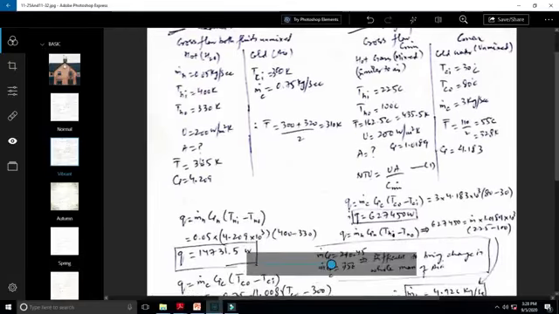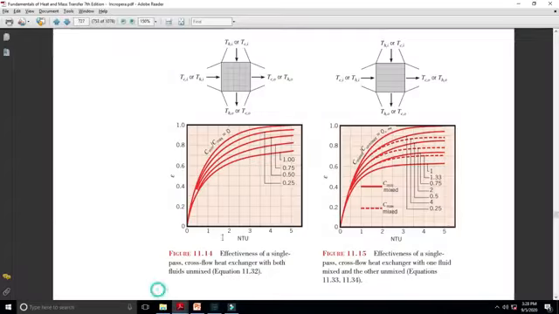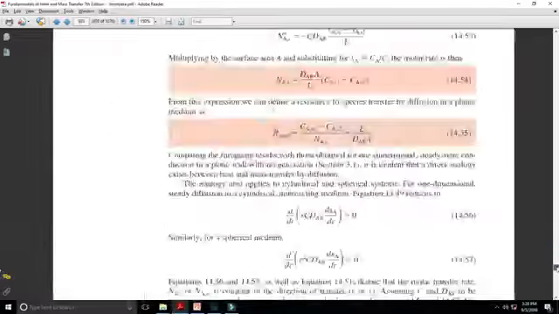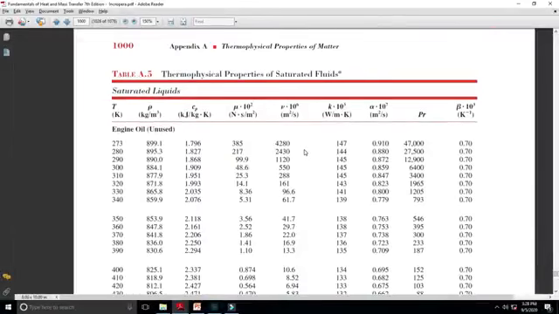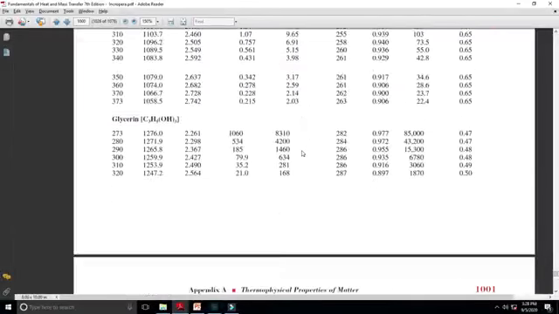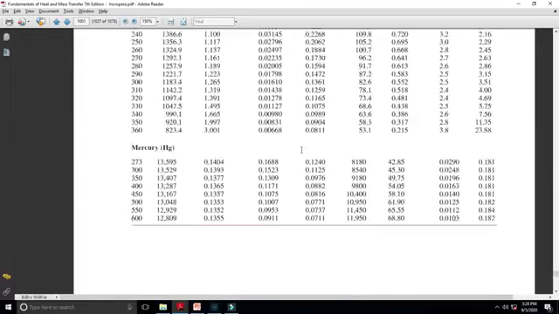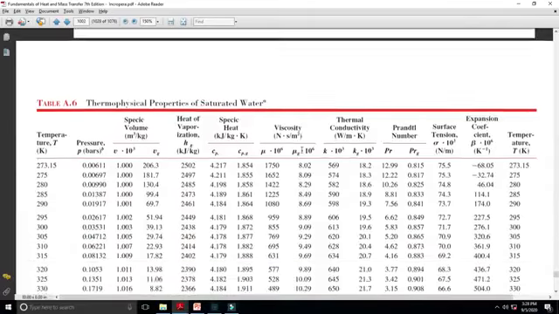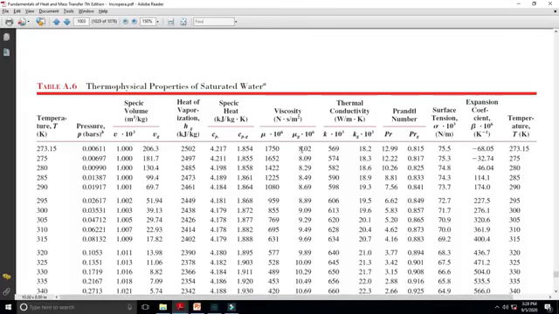Over here the average temperature would be the average of 400 and 330, which would be 365, and then we will go to the property table of water as I was showing you earlier. So this is the table for the properties of water.